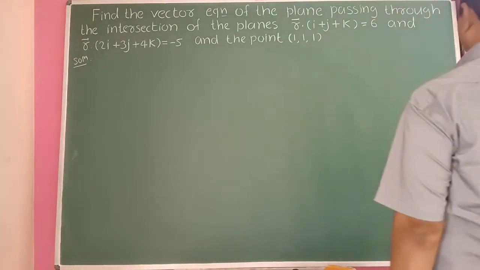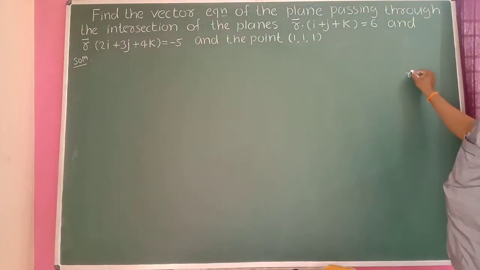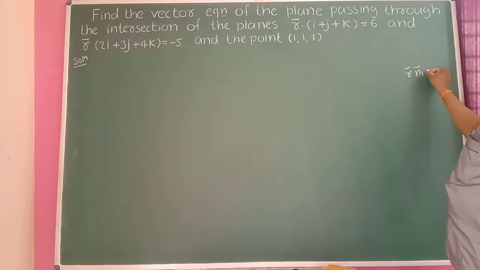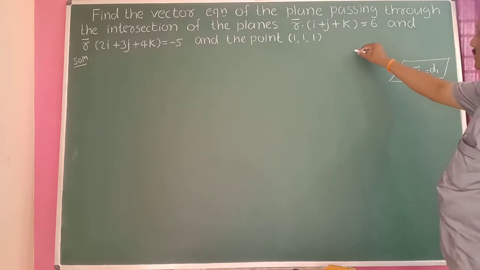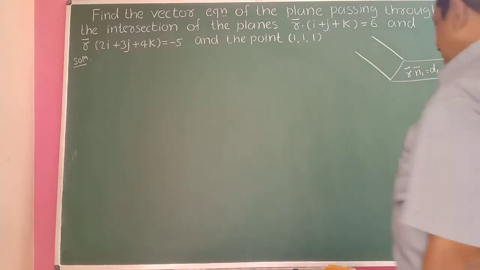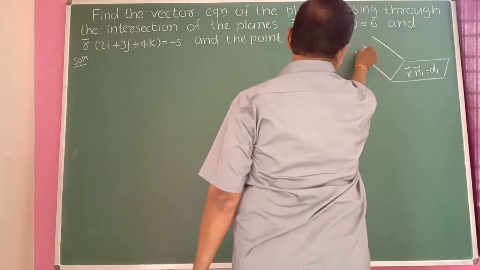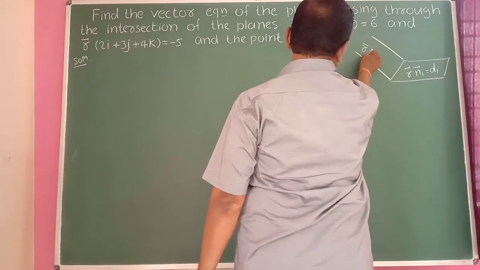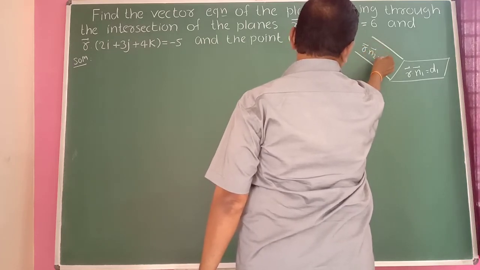So you know that one plane is r bar dot n1 bar is equal to d1. The other plane, r bar dot n2 bar is equal to d2.